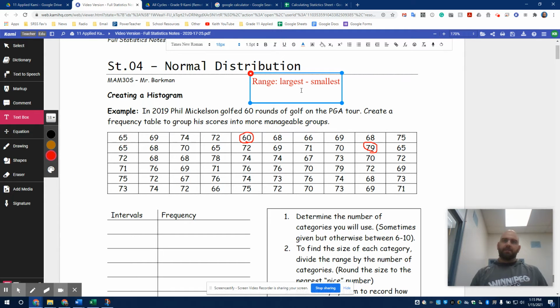Our largest was 79, and our smallest was 60. That means we have a range of 19, which gives us a breadth of how big the data is.